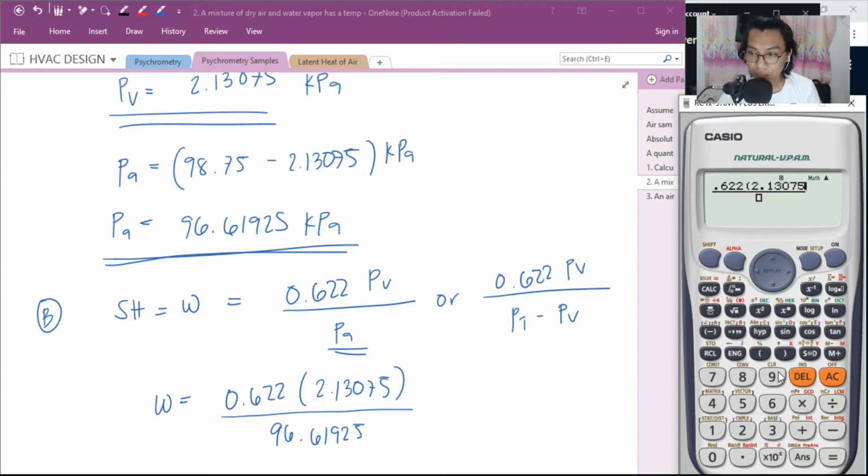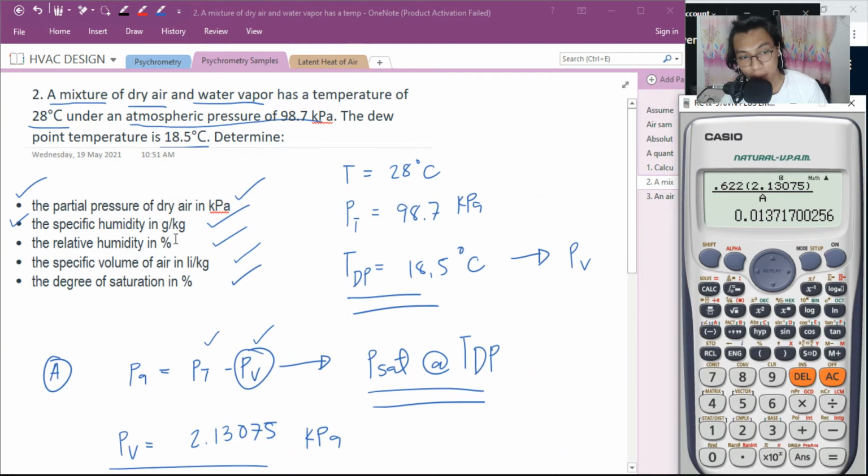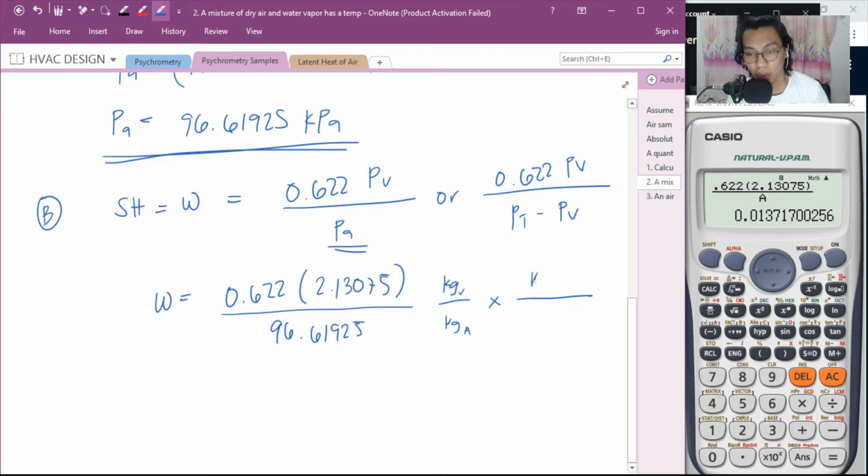2.13075. Then, yung recall natin si A. The value will be, commonly, ang mga values niyan is kilojoule per kilogram. Okay? Pero, ang hinahanap kasi dito in grams. Okay. Ang lalabas dito is kilogram vapor per kilogram air. Ngayon, ito dapat naka-grams. O, i-multiply mo ng 1,000 grams per 1 kilogram vapor.